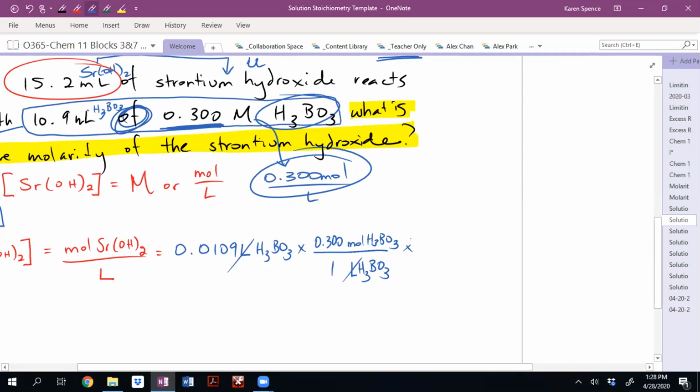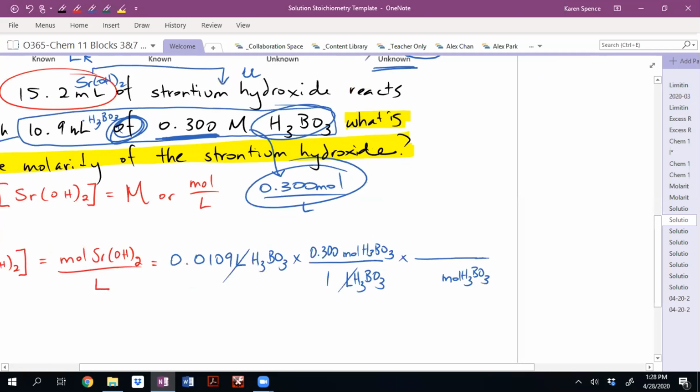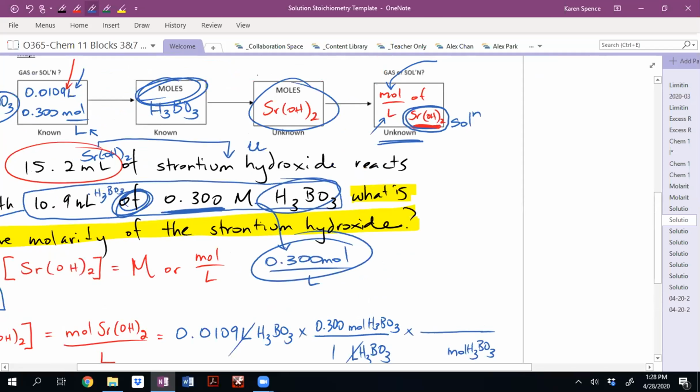Okay, so now we have our moles of boric acid, and we want to cancel the moles of H3BO3, and we want to find, let's go back up, moles of strontium hydroxide.